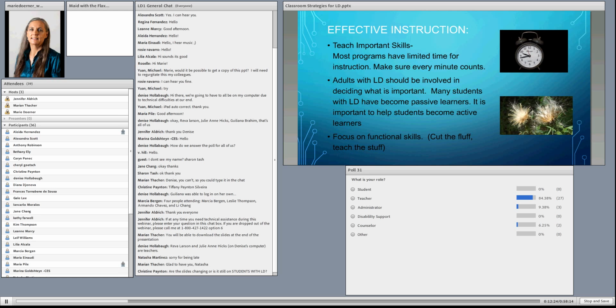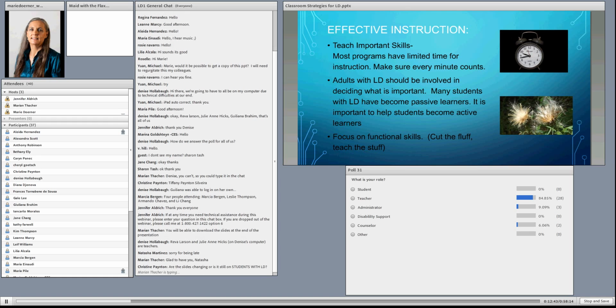So now we get to the meat of the talk. The first thing is to teach important skills. In most of our programs, we have very limited time for instruction, so we have to make sure every minute counts.